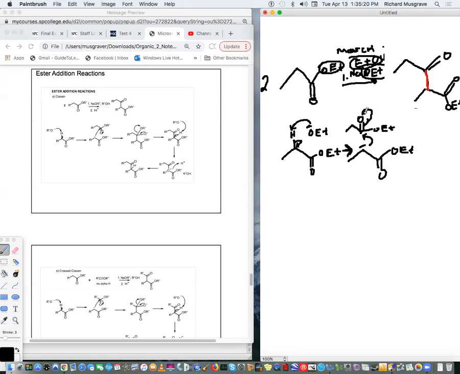And then this is the attacking step. It's very similar to the aldol up to this point.